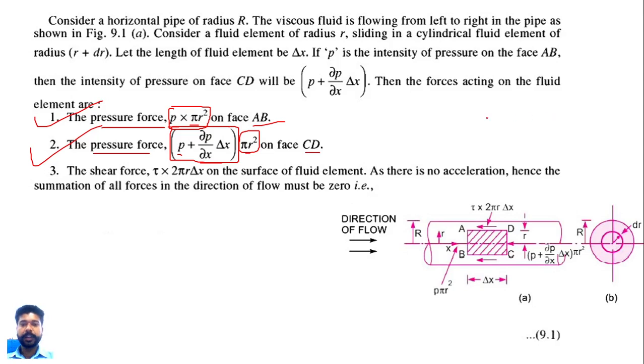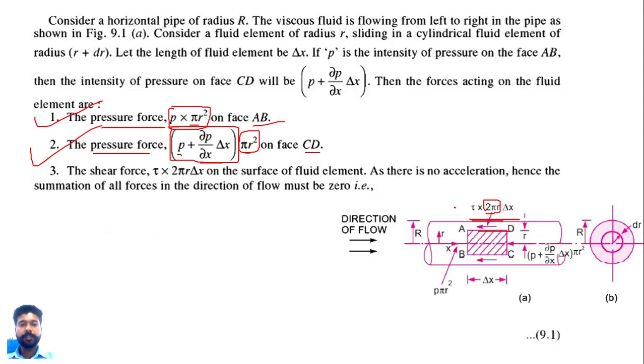And the third force is the shear force, applied between the element and the inner pipe surface of this cross section. The shear force between these two surfaces is tau into 2 pi r, the peripheral area of this circular cross section, where tau is the shear stress.